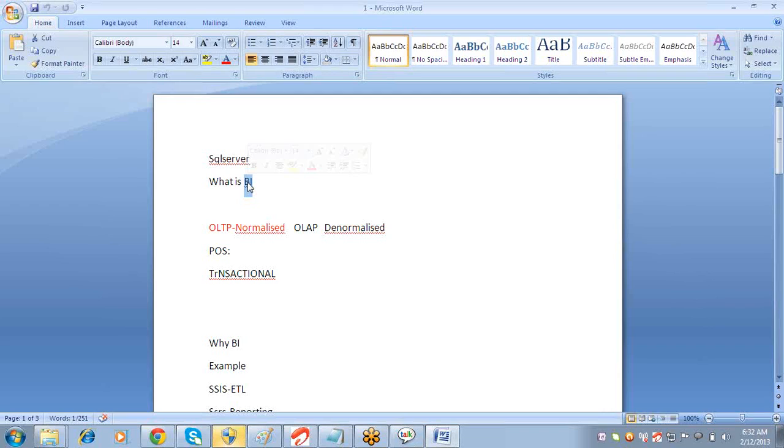Intelligent business, in the sense, it helps the business owners take intelligent business decisions for the smooth running of the business. This is a technology which helps the decision makers take decisions appropriately. That's what business intelligence is.